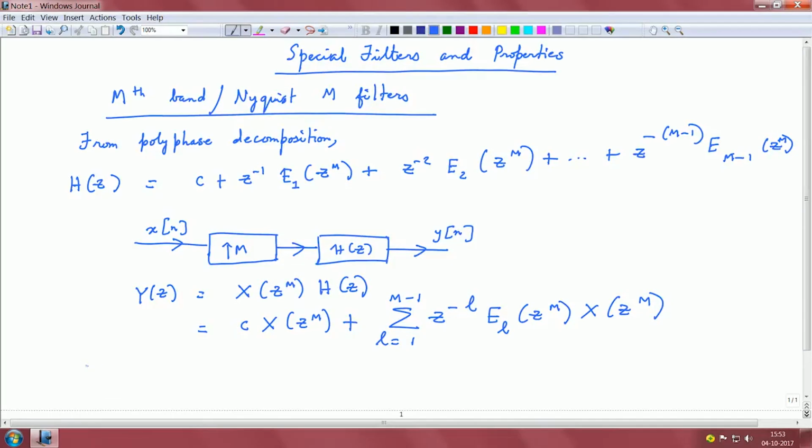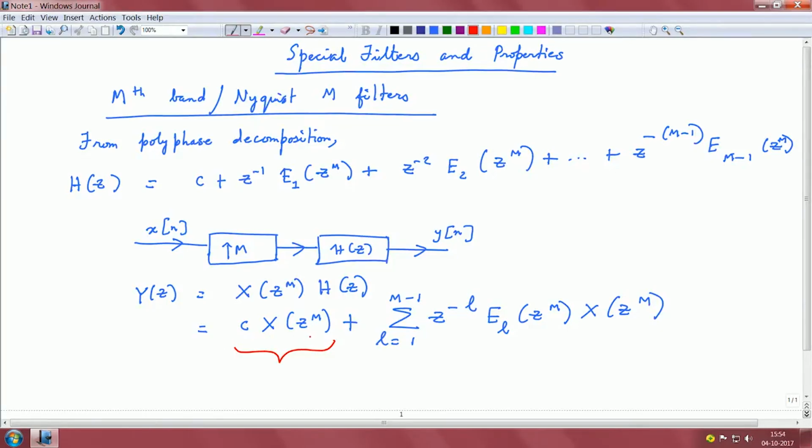Now, let us consider the first polyphase component, which is what we have here. So, we can interpret this relation as we have x of n, and when you upsample it you get y of n. This is a scalar, this is basically like a gain parameter. If you just ignore this gain, if you take x of n, if you upsample you get this component x of z power m.